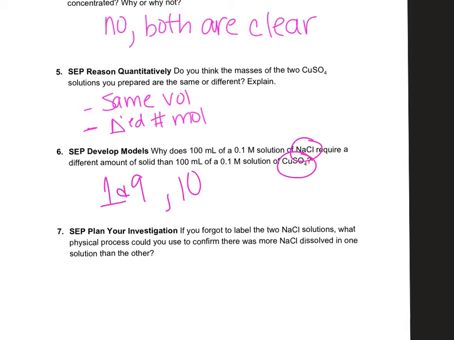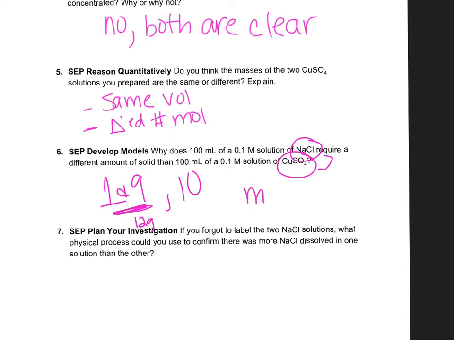Sorry, I said that backwards. The copper sulfate for the 0.5 molar solution had 12 grams, and for the sodium chloride, I'd have to go back and look, but it was a lot less, right? So what is that big difference between these two?